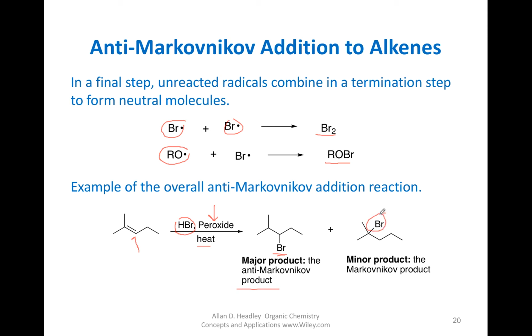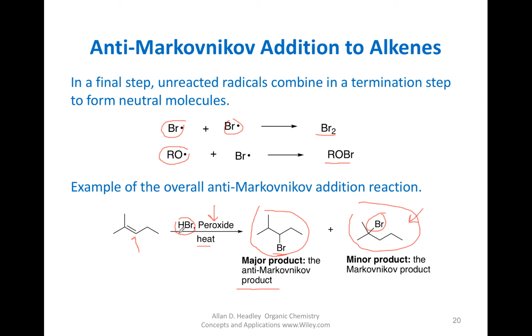Later on we'll start doing synthesis, where you will need to make these intermediates as you go along. So sometimes you need this as the major product to make another molecule, and sometimes you will need this as the major product to make another molecule. So be careful with your reagents. If you just use HBr by itself, you get this as the major product.